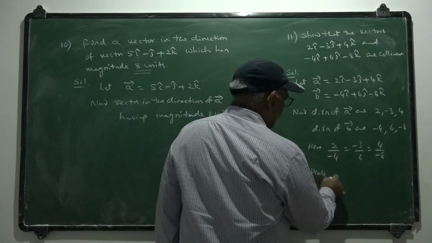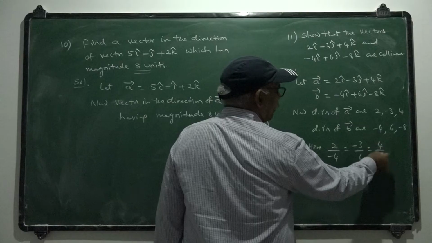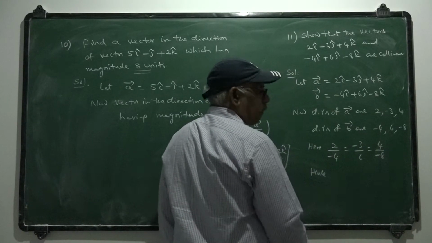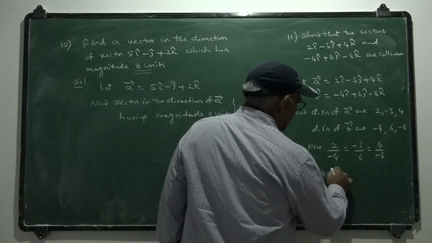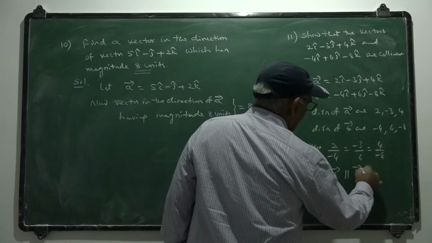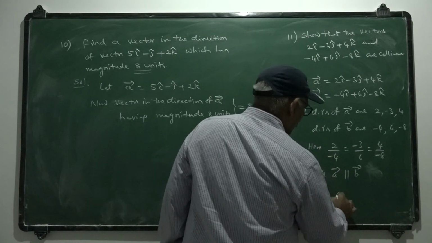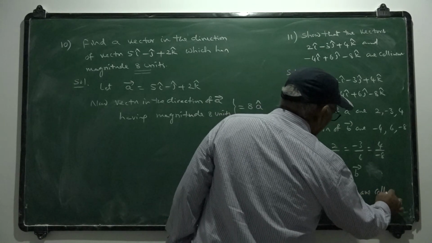Hence, since the DRs satisfy a1 by a2 equal to b1 by b2 equal to c1 by c2, the two vectors are parallel. Once they are parallel, they are collinear. Hence, A bar is parallel to B bar. Therefore, A bar, B bar are collinear.